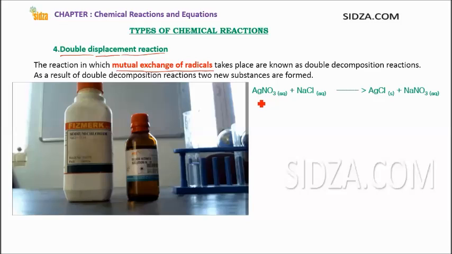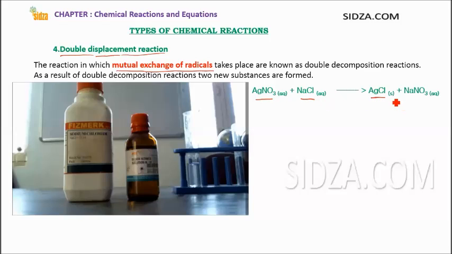So suppose we have a silver nitrate solution, and if I react it with the sodium chloride solution, NaCl, the two compounds exchange their ions. Silver reacts with the chlorine and forms silver chloride.